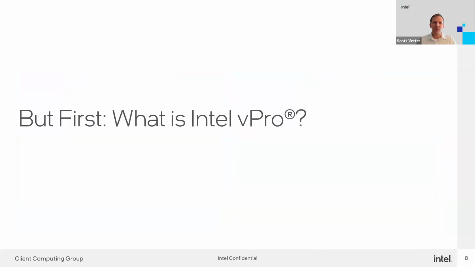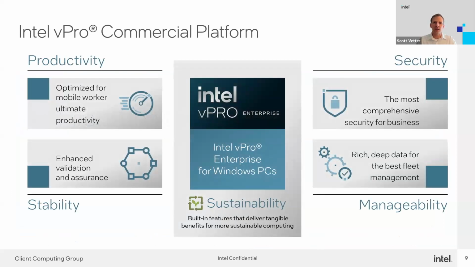Like I said, it's one of those names that you've seen around, but you're unlikely to know the full extent, the depth and breadth of the vPro platform. Intel vPro actually started out around 2006, 2007, and has grown into an umbrella name for a commercial platform that we believe is the absolute best solution for the enterprise user.